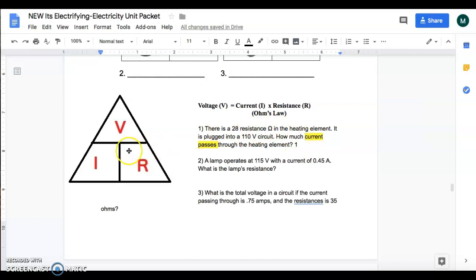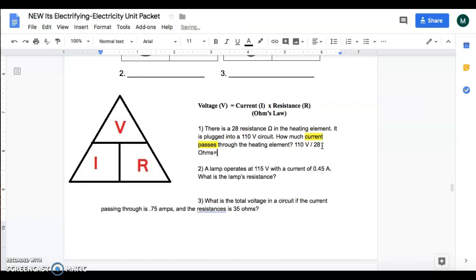So we're going to come over here to our triangle and cover up I. That leaves us with V over R. So we're going to take our volts, which in this problem is 110, and divide that by our resistance. Our resistance is 28 ohms, or we can use our omega symbol. Now what this is going to give us is our amperage, or our current, which is 3.93.